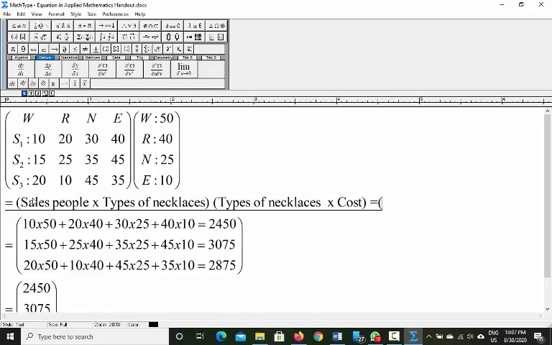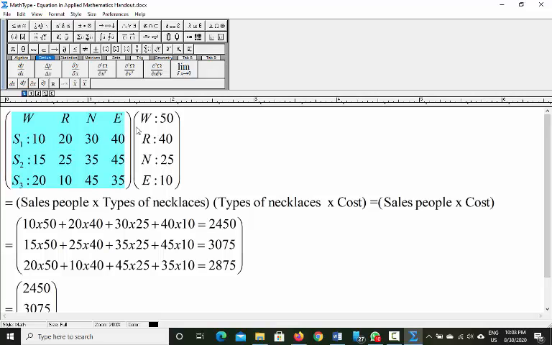If we multiply, the resulting matrix will have salespeople by cost. So let us multiply. First of all we will multiply first row with the first column.